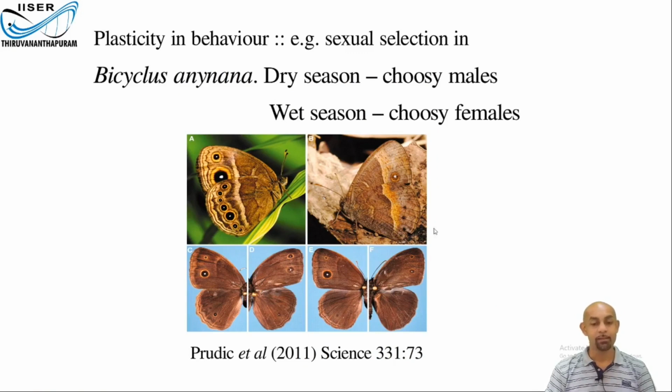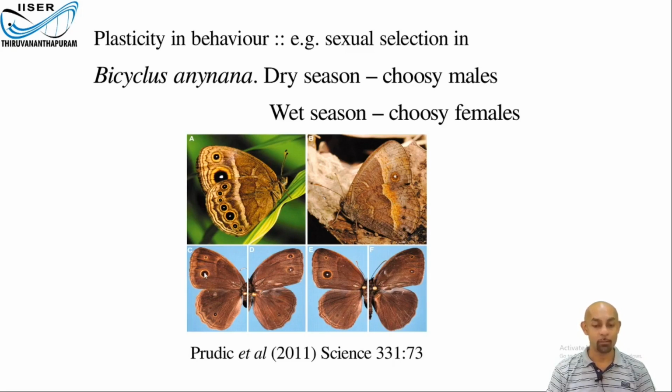Interestingly, in this species, Bicyclus anynana, the plasticity is not restricted to wing patterns. There is also plasticity in their behavior. In the wet season, females exert selection pressure on male traits. Experiments have shown that in the wet season, females choose males based on this central white spot.